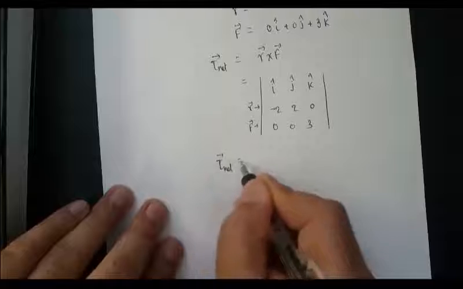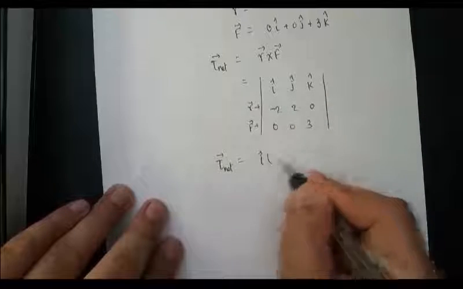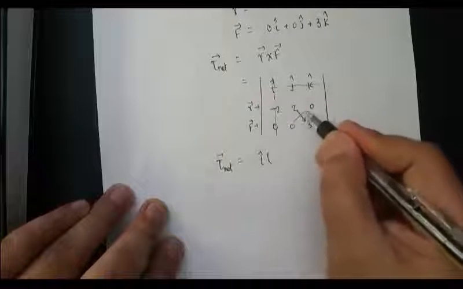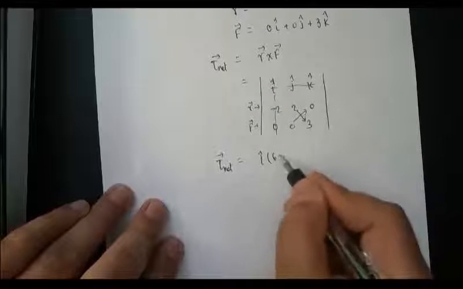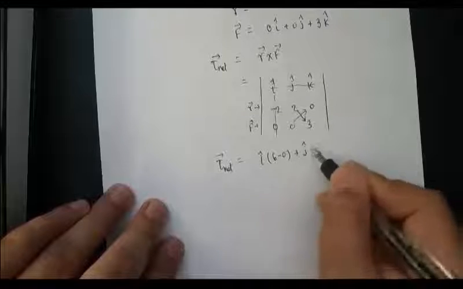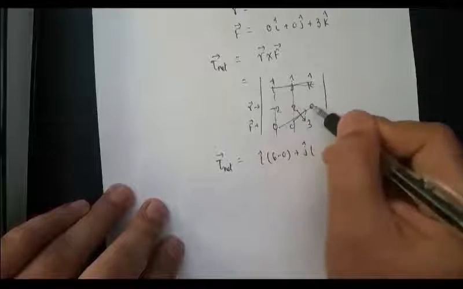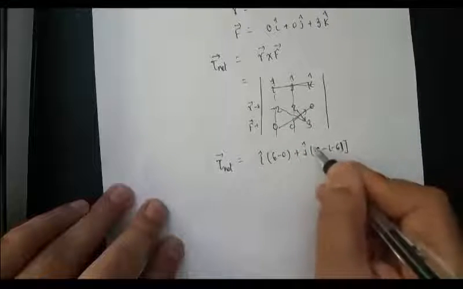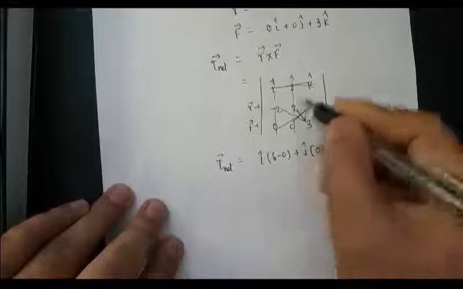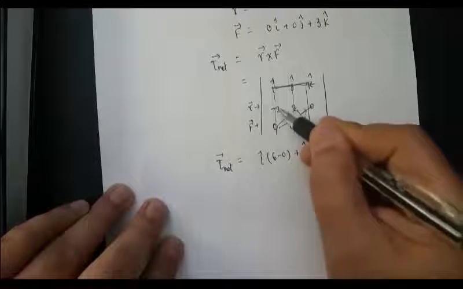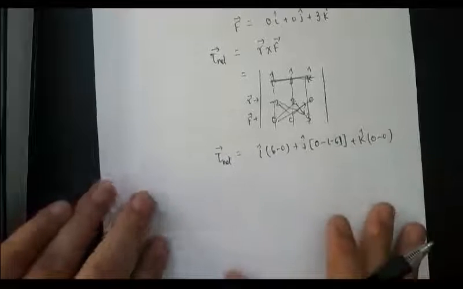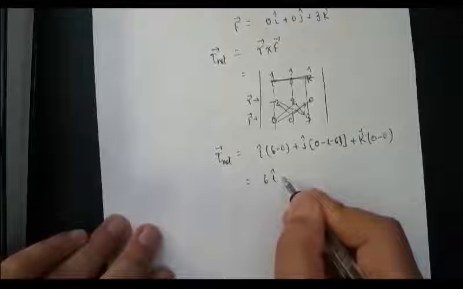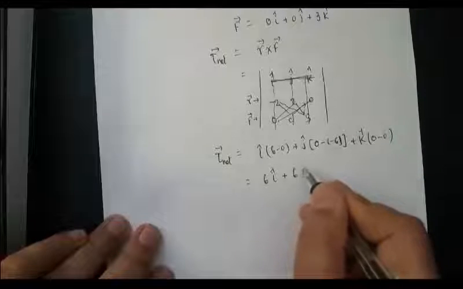For i, you do as you learned from math, this minus that: 2 times 3 is 6 minus 0. Then j will go opposite, so 0 minus negative 6. Plus k will be 0 minus 0, so it will go. So your net torque in ijk unit vector form is 6j.